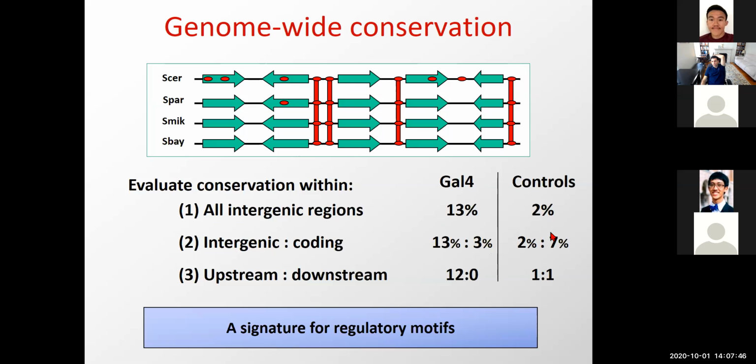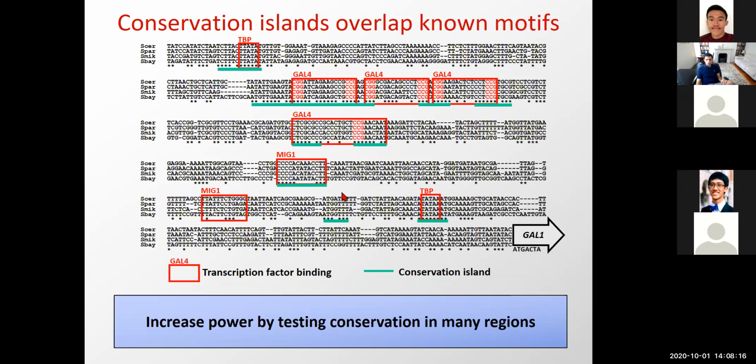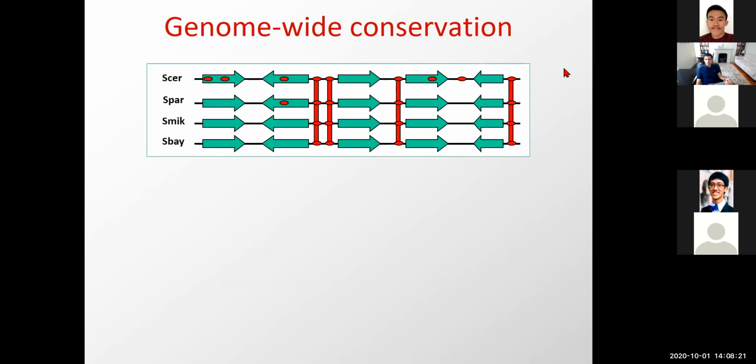So the controls were conserved 7% of the time, but the GAL4 motif was in fact conserved only 3% of the time within coding regions, indicating that there was perhaps pressure to not bind within the protein coding regions, or simply that the conservation patterns within protein coding regions, which has these conserved, conserved, non-conserved triplets, this bang, bang, poof periodicity, disfavors conservation of stretches of 3 nucleotides that are perfectly determined.